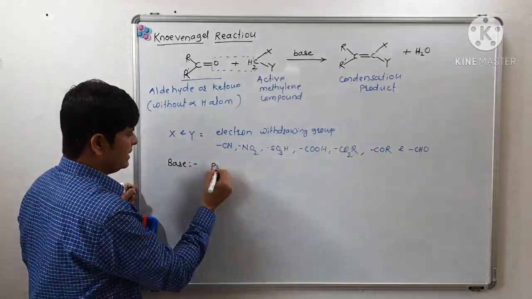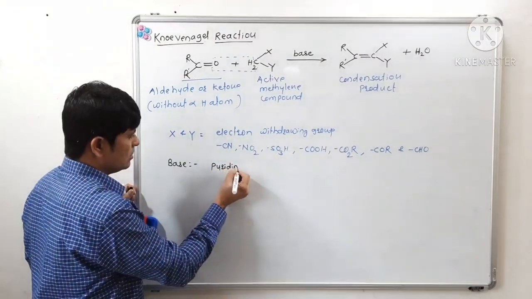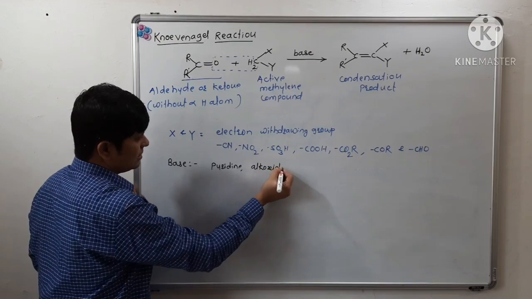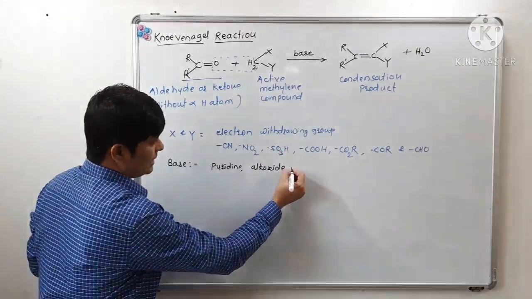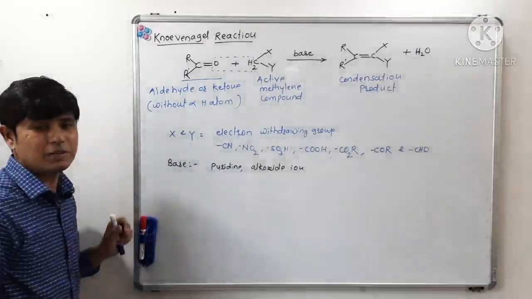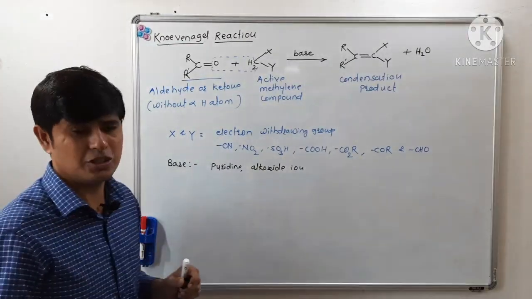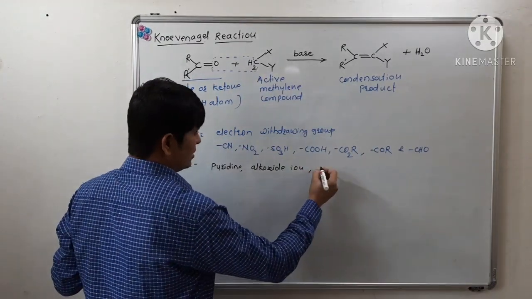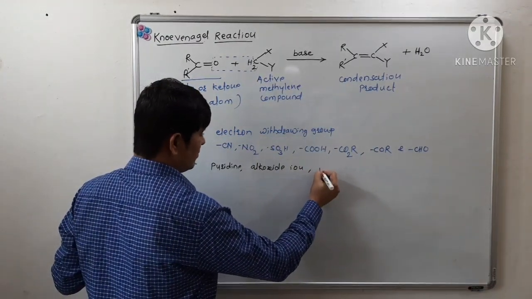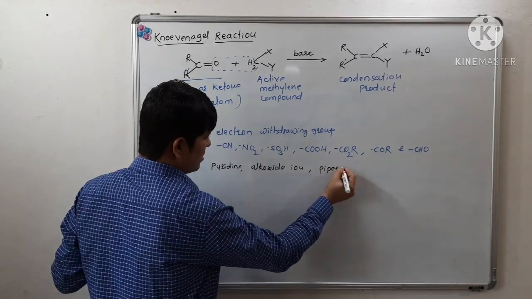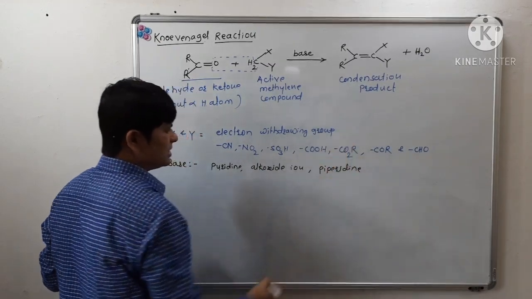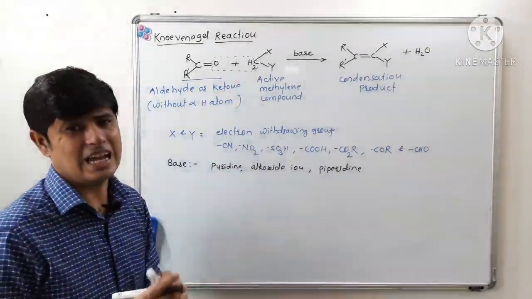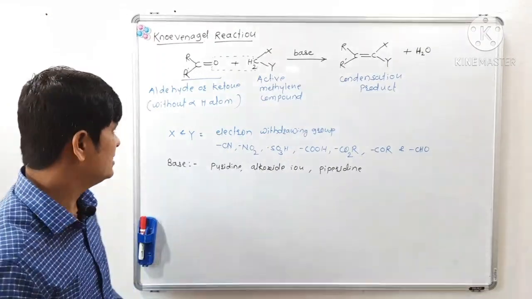We can use pyridine, we can use alkoxide ion, that is OR minus, OEt minus, tertiary butoxide ion. Such kinds of bases we can use as a catalyst in this Knoevenagel reaction.